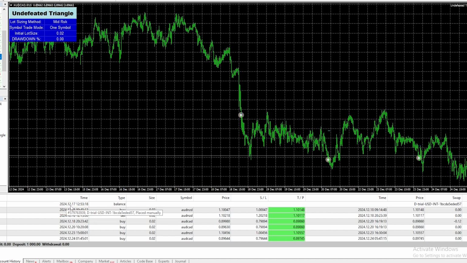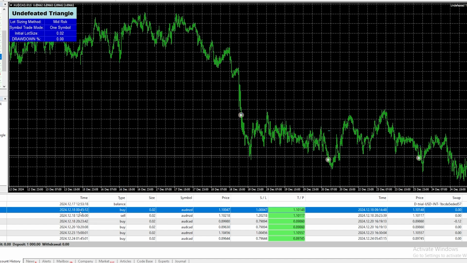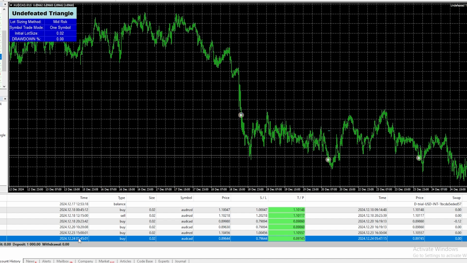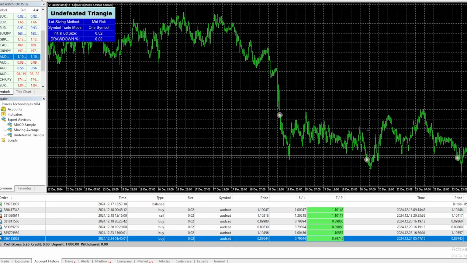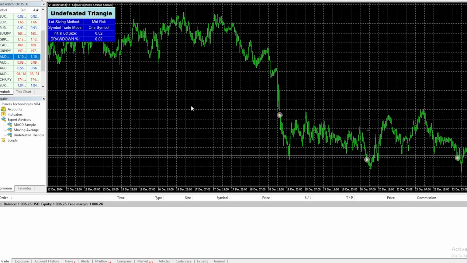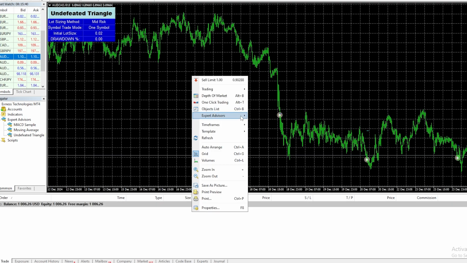I placed it on 17th, and from 18th it has started trading on different pairs with a fixed lot size. So today is 26th of December, and within 1 week I have gained a profit amount of $6.26. Right here is the profit amount, and I will share this Expert Advisor's properties as well.